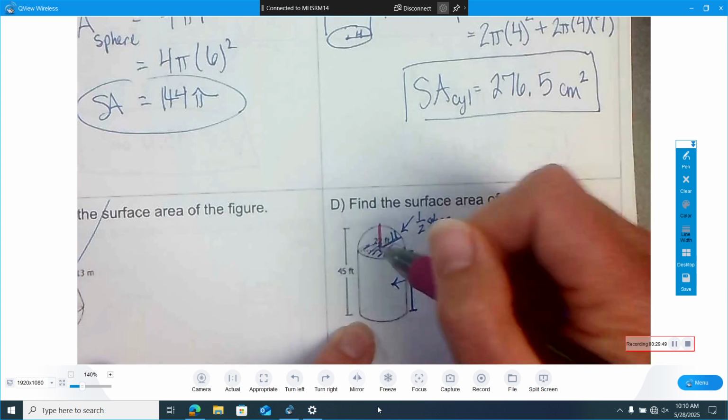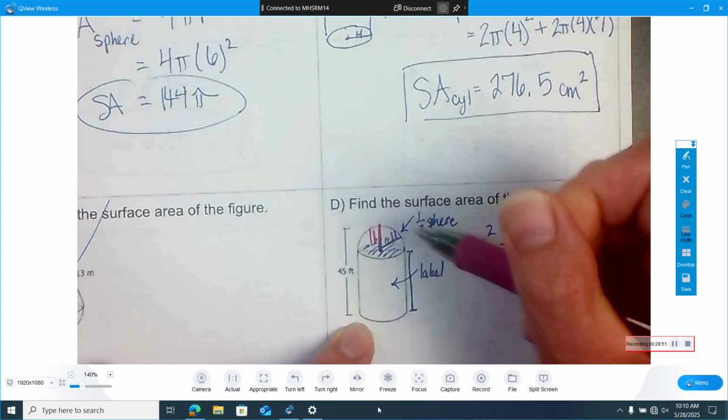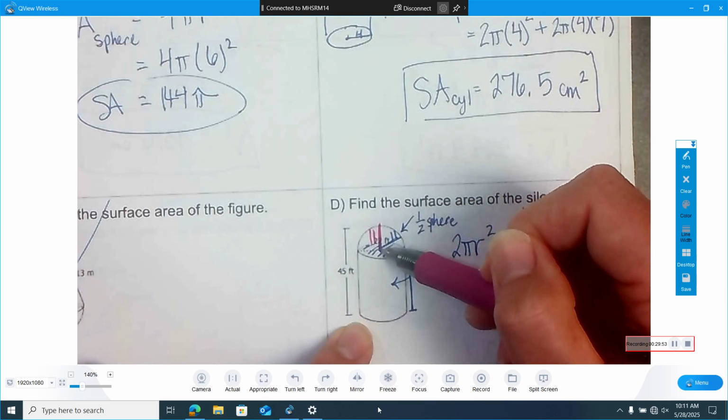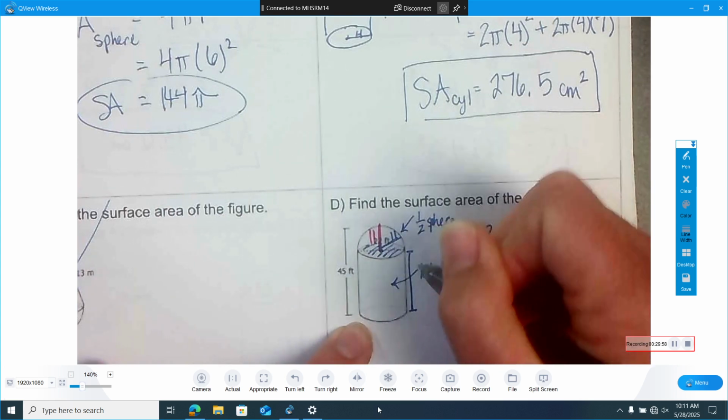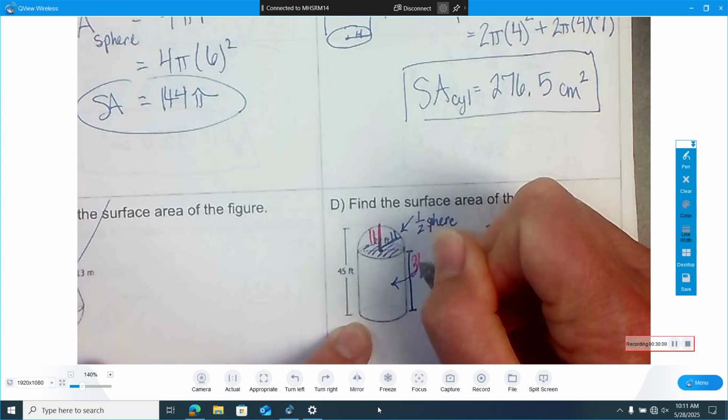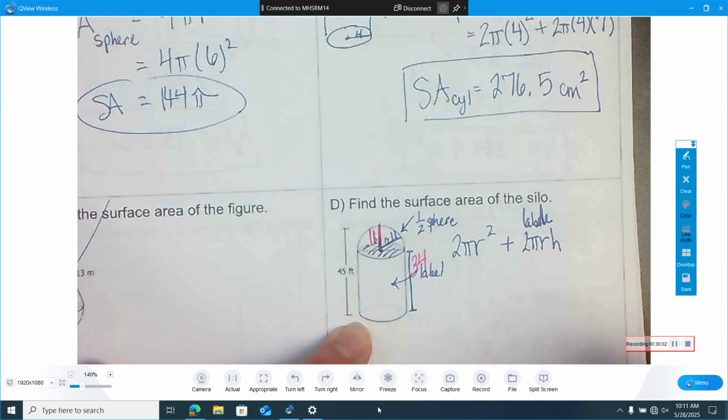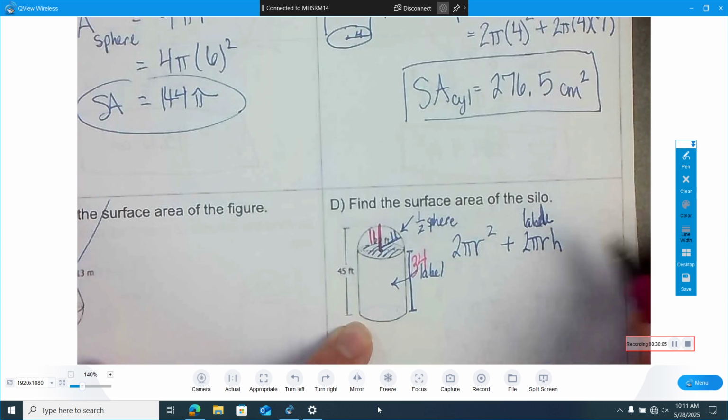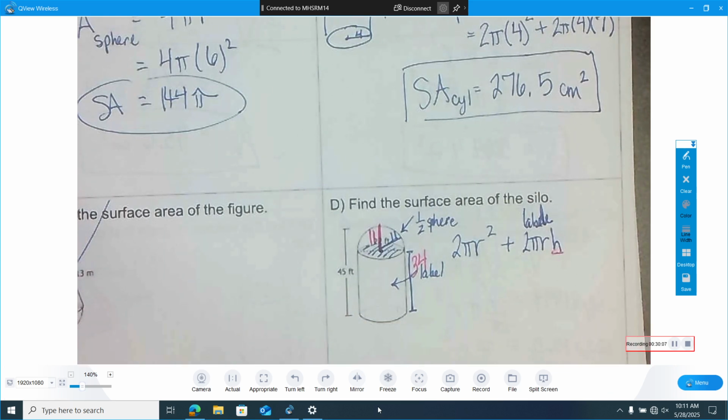We just have to subtract 11 because that radius goes right to the top of our label there. So 45 minus 11 is 34 for the height of the label. All right, so that's important to realize that that height is going to be 34.